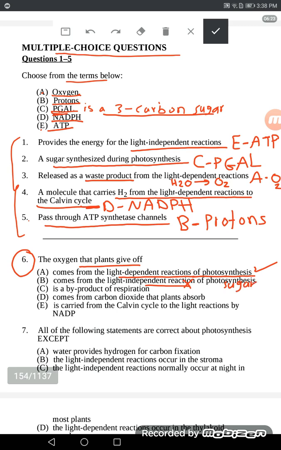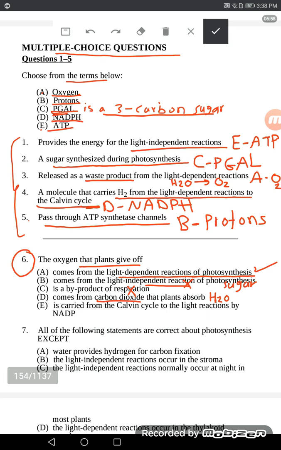It's a byproduct of respiration process. It's not a byproduct. During the respiration process, oxygen is a reactant that can be used during this process. Comes from the carbon dioxide that the plant absorbs. Also, this is not true, as we said that the oxygen comes from H2O, from the water molecule, while from the carbon dioxide, glucose molecule will be produced.